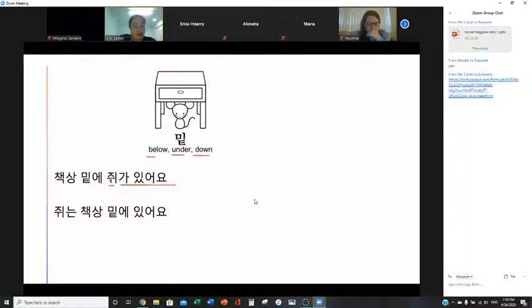Also 밑 is below, under, down, the location, where the desk is the subject. So if you want to make this animal more prior, then you can change it like this. So 쥐는 책상 밑에 있어요.